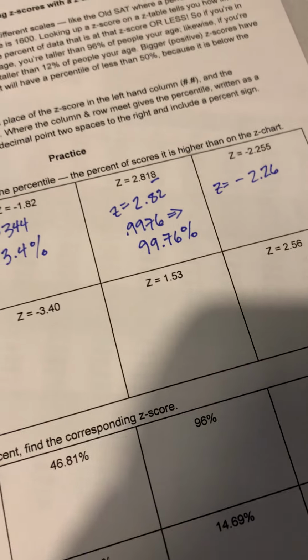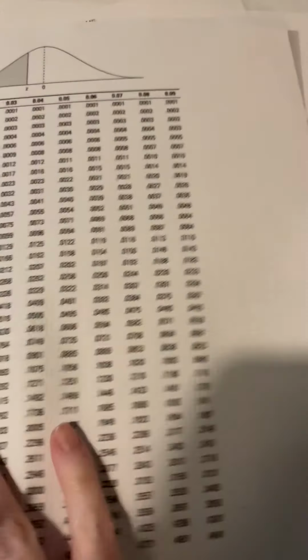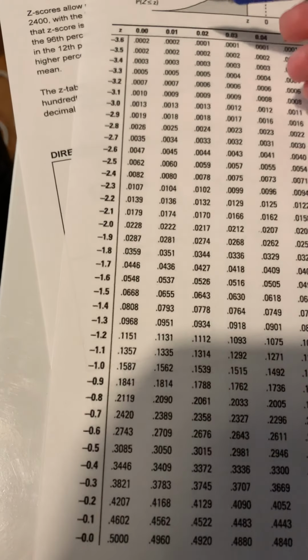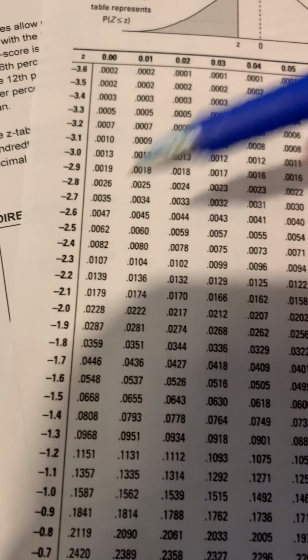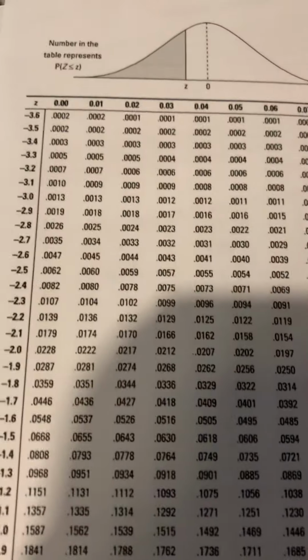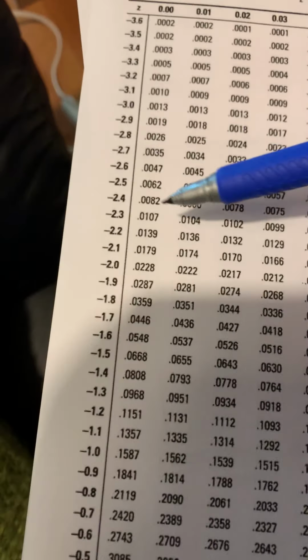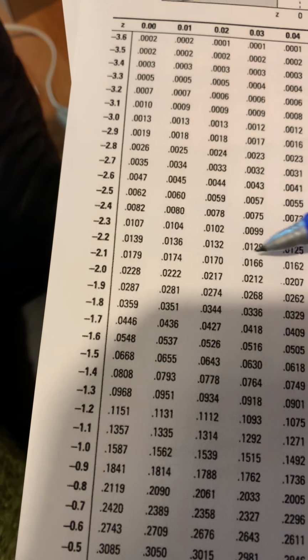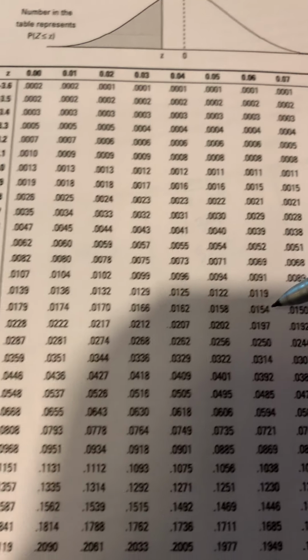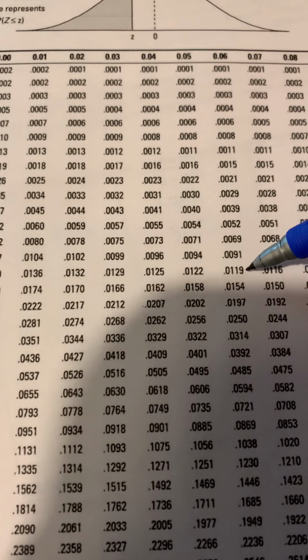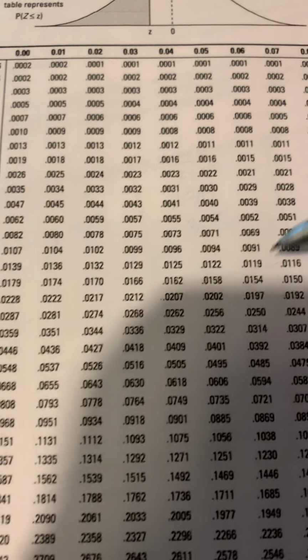That's the z-score I'm going to look up. I use the table with the negative z-scores. Negative 2.26, up there's my 0.06, so it's this one right here, 0.0119.